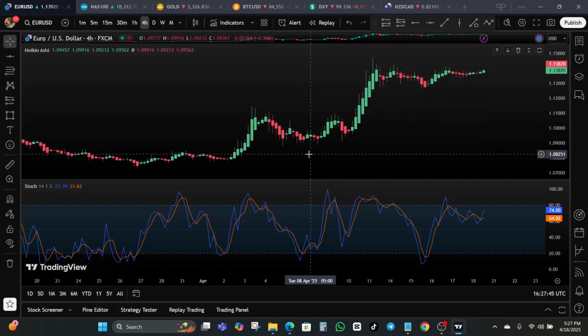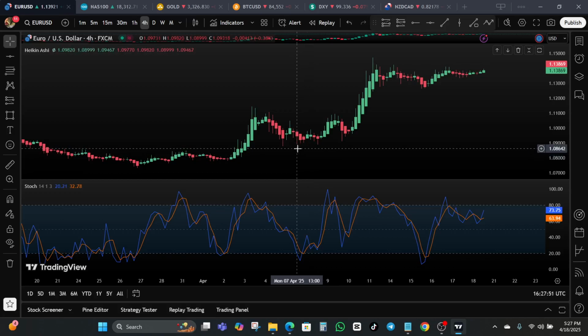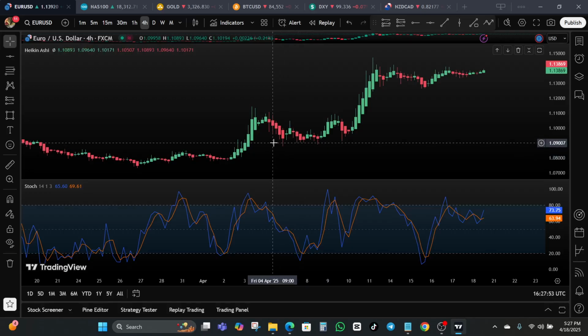Now, let us start with the Heiken Ashi. Unlike traditional candlesticks, Heiken Ashi uses a modified formula that smooths out the price action. This gives you a clearer view of the overall trend and helps filter out noise. It makes it easier to identify whether the market is in an uptrend, a downtrend, or if it is consolidating.